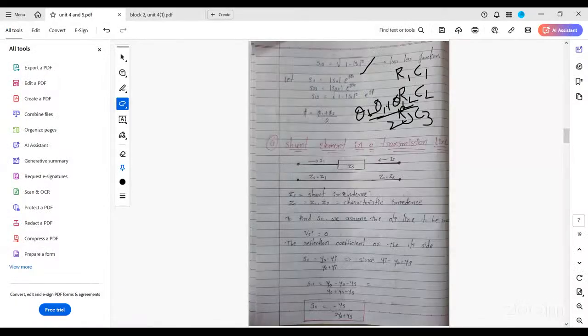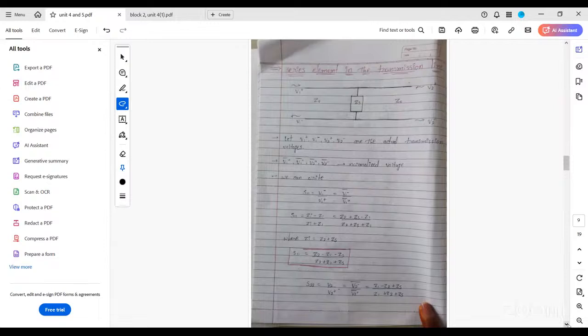What are the remaining parameters? Here, what is S11 in this diagram? The impedance is connected in parallel. Voltage V1 plus means inside, and V1 minus means outside.